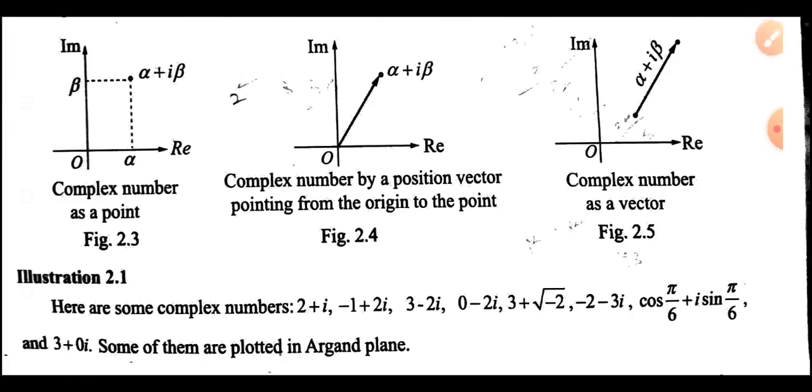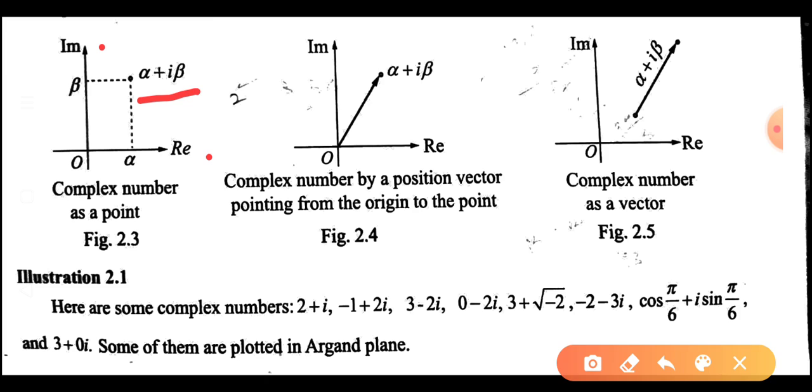We represent alpha plus i beta, a complex number, as a point. Here we take the real part like the x-axis, and the imaginary axis like the y-axis. We are going to represent alpha plus i beta. Alpha means the x distance from the origin, that is on the real axis we denote alpha, and on the imaginary axis we denote beta.